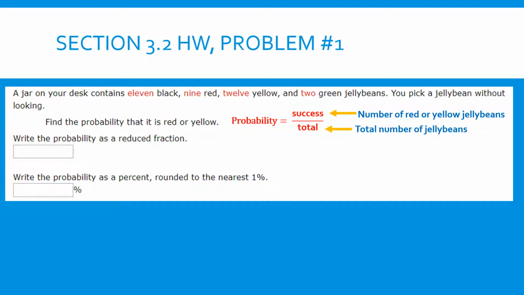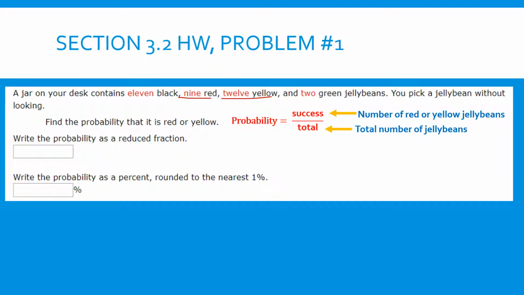The total is going to be the total number of jelly beans that are in the jar. Let's count up the success part. This is the number of red and yellow jelly beans. There are 9 red and 12 yellow jelly beans. That tells us there's going to be 21 red or yellow because 9 plus 12 is 21.